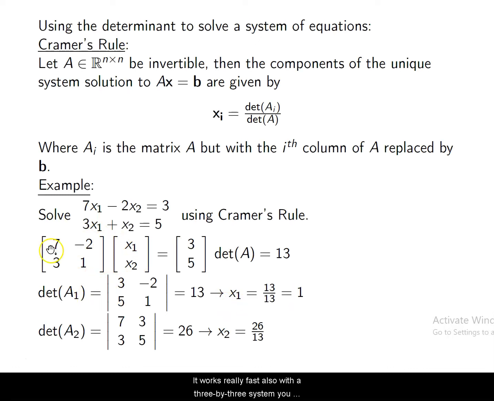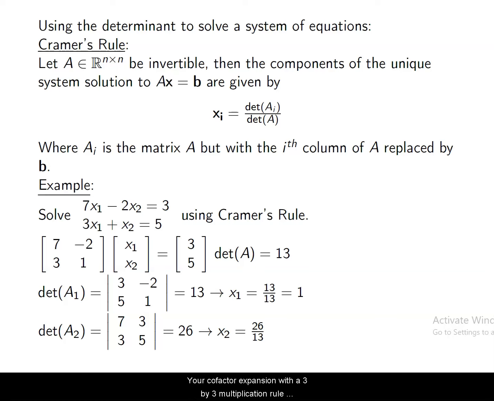It works really fast also with a 3x3 system. You're just doing that 3x3 multiplication method for the determinants to find your 3 determinants. I guess 4 because you got to find A also, right? So 2x2 is very fast. 4x4s or 3x3s are pretty fast too. 4x4s, you might need to mix up your methods. As we saw before, you can mix in your cofactor expansion with the 3x3 multiplication rule.